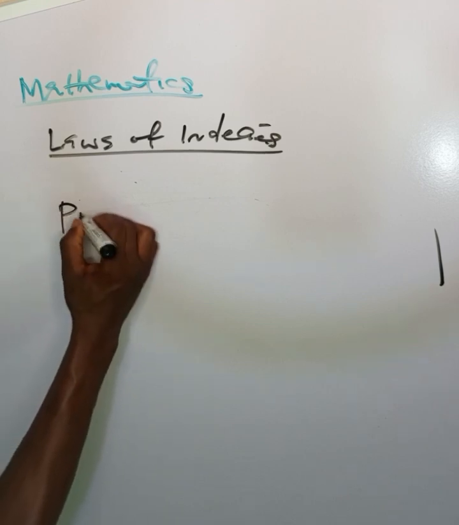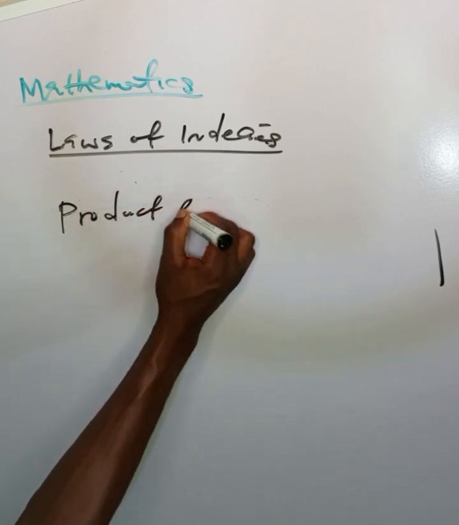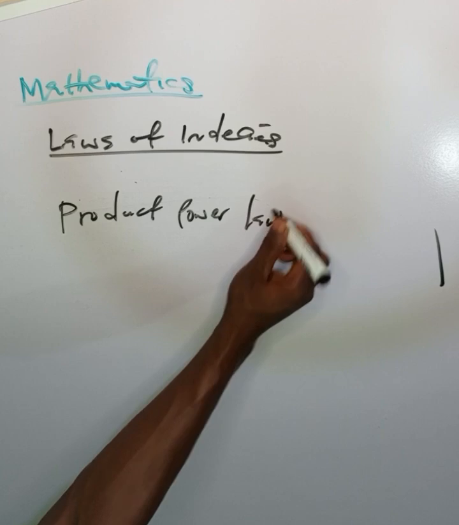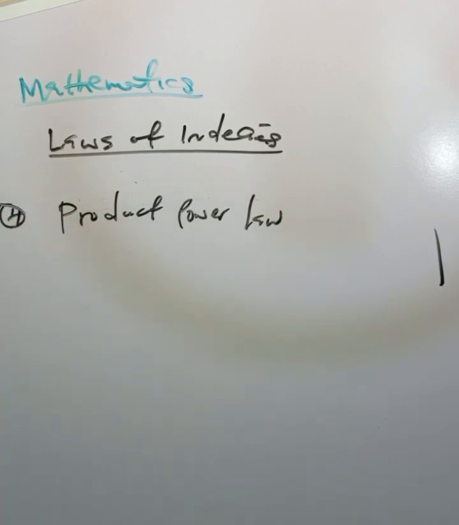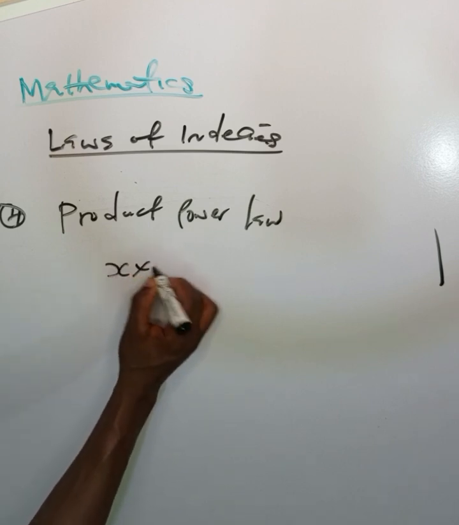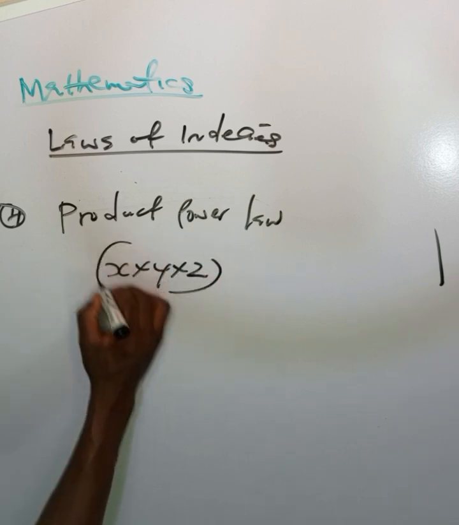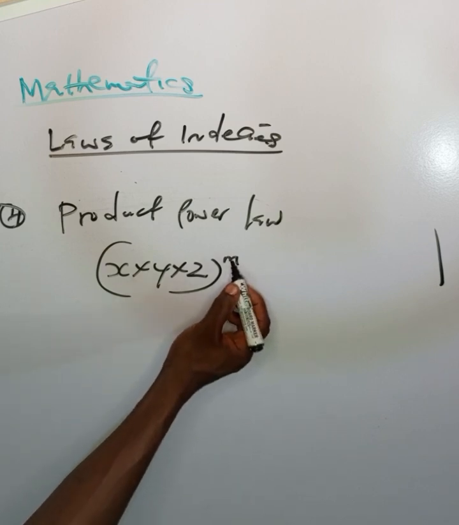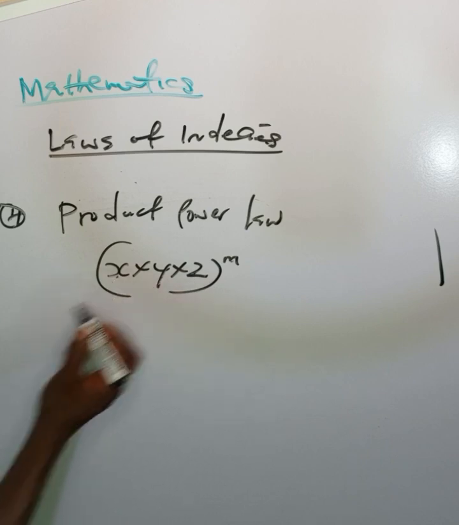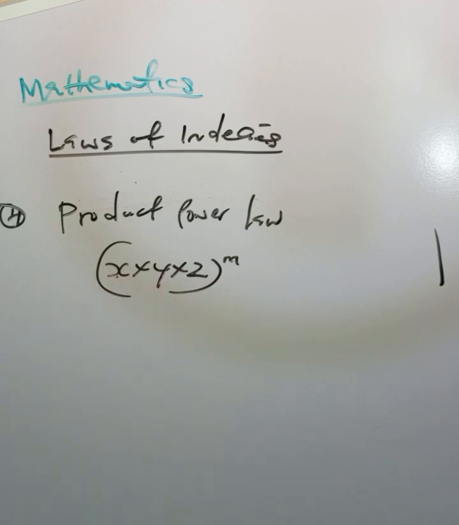In product power law, if you have x times y times z all raised to power m, this m is the power of all the factors of the product.